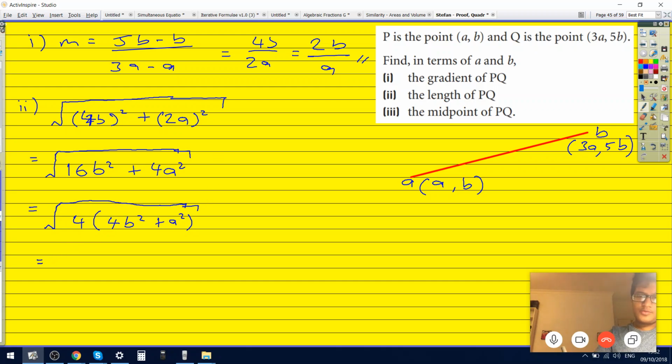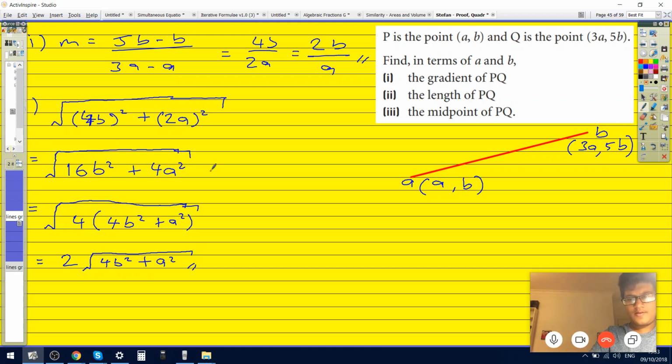Yes, so that would be 2 root of, in brackets, 4b squared plus a squared. I don't think we had to simplify it, but we simplified the last one, which was with numbers. So that's as much as we can simplify it.